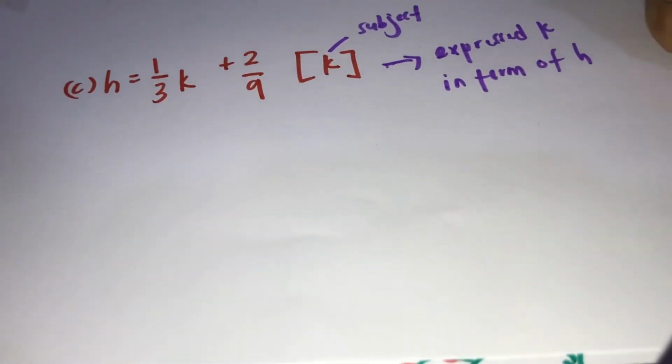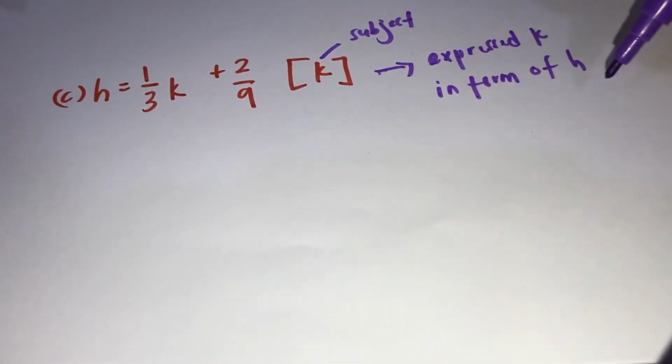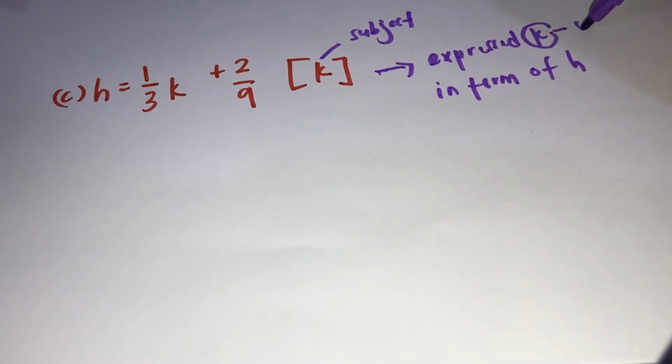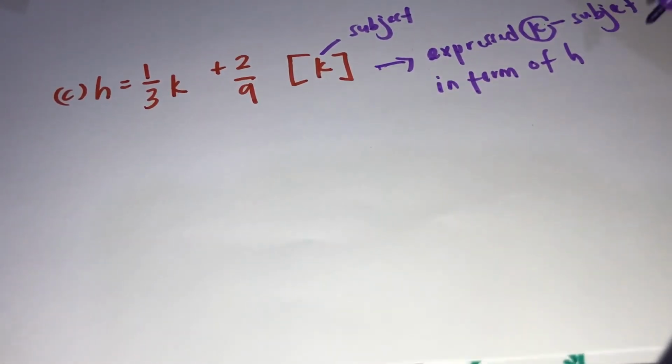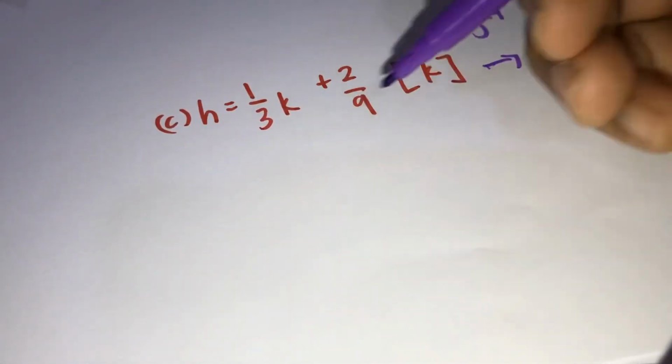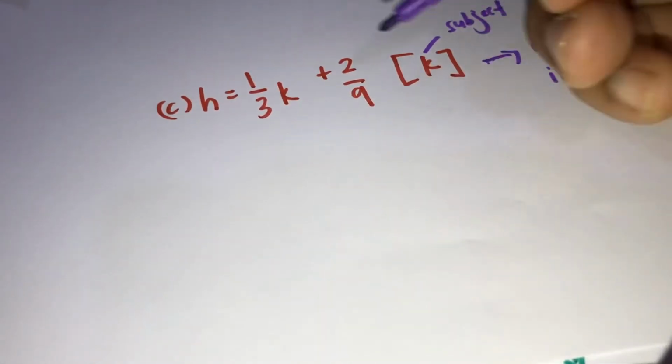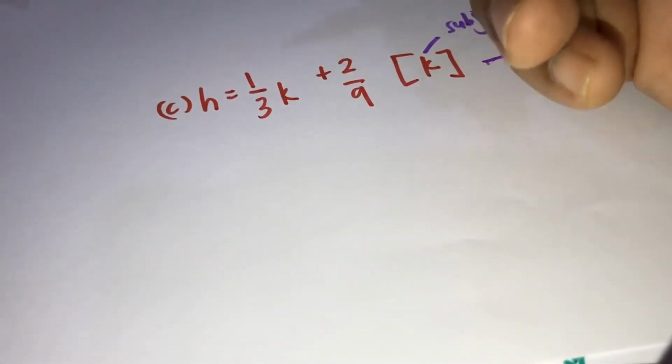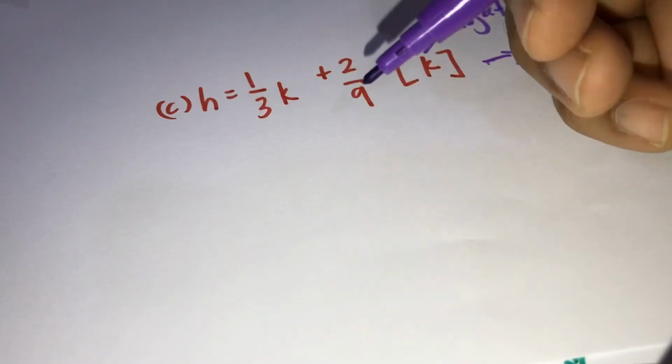If the question asks you like this, express k in terms of h, you must understand k is the subject. In terms of h means inside the equation has the variable h. Since this involves fractions, you had better change it to whole numbers.